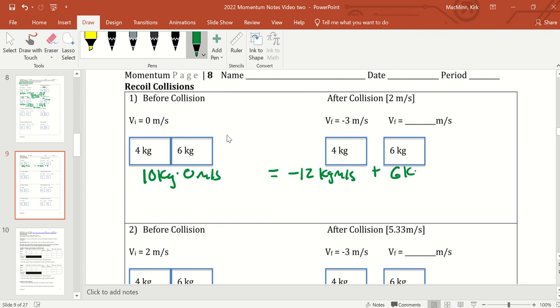So we're going to write that as 6 kilograms times Vf, the unknown final velocity. 10 times 0 is just 0, equals negative 12 kilogram meters per second, plus 6 kilogram Vf. Add 12 kilogram meters per second to both sides.